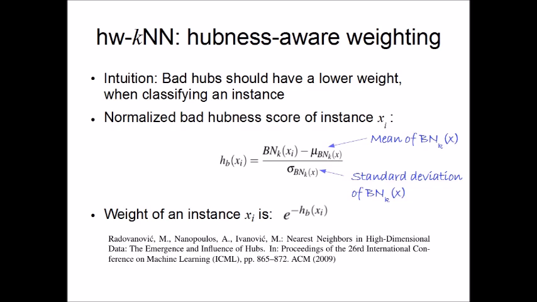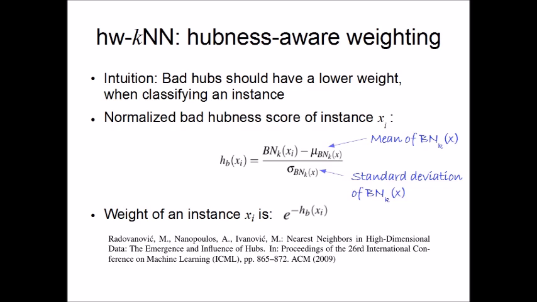In order to implement this weighting scheme, for each instance we calculate BNk(x), that is, how many times this instance appears as a bad nearest neighbor of other instances.